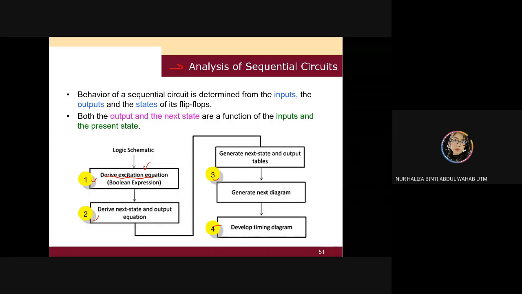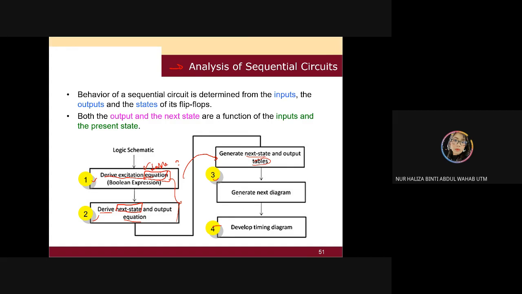We saw the term excitation before, but it was a table; now it is an equation. Later there will be an example. Next, you need to derive the next state. Last time it was still a table, but now it's an equation. Third, after you have all the equations, you come out with a table, your next state table, similar to what you learned in module 8A.